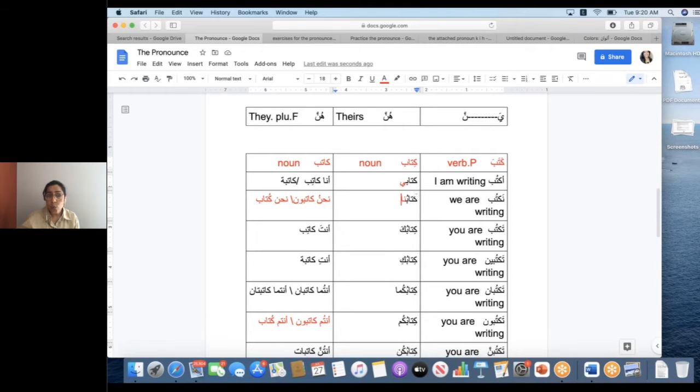So this word takes two forms. كاتبون is right and كتاب is right. I advise you to memorize كاتبون because it goes with the grammar, but you will hear كتاب too.